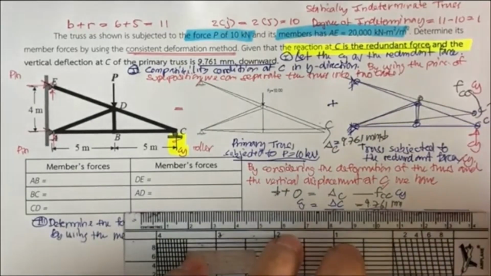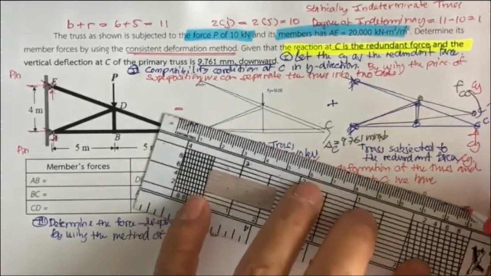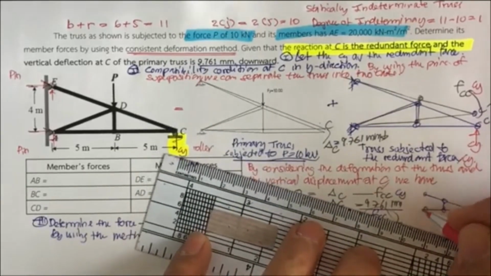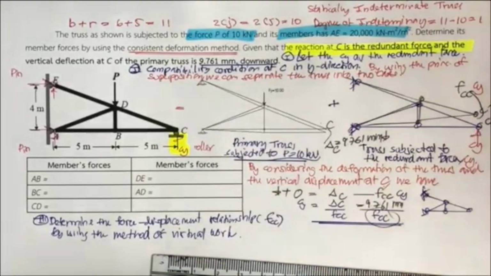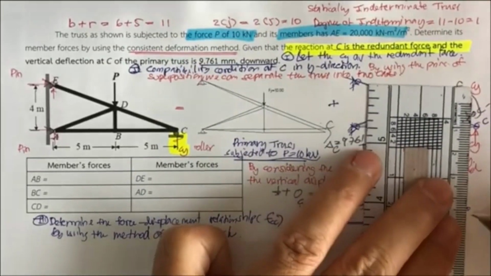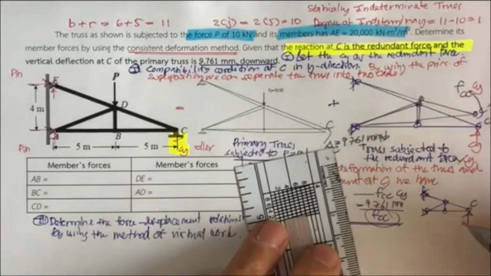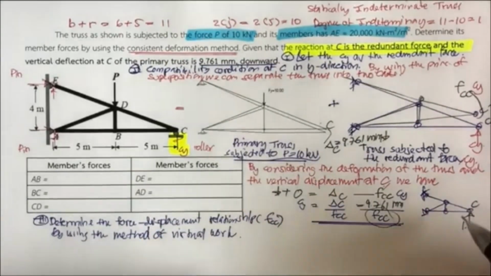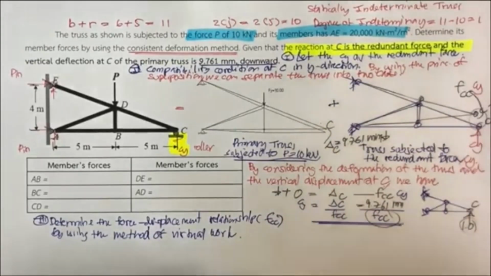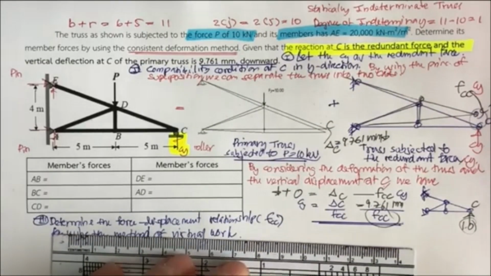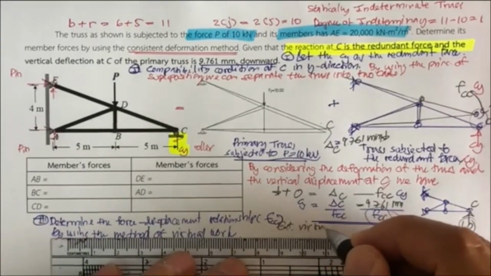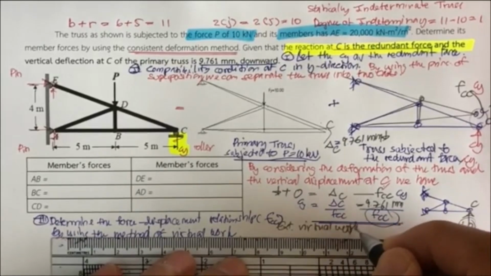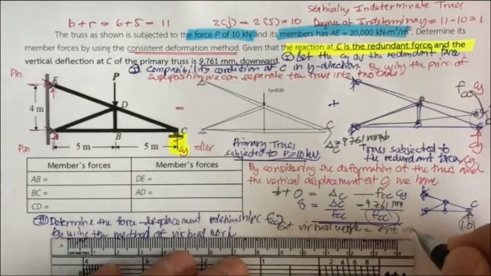Okay, if you use the method of virtual work and you'd like to determine this, we have to put one unit force acting in the same direction as F sub CC. That means you're going to push at point C by 1.0, and then this 1.0 times the real displacement is the so-called external virtual work. That is going to be equal to the internal virtual work.